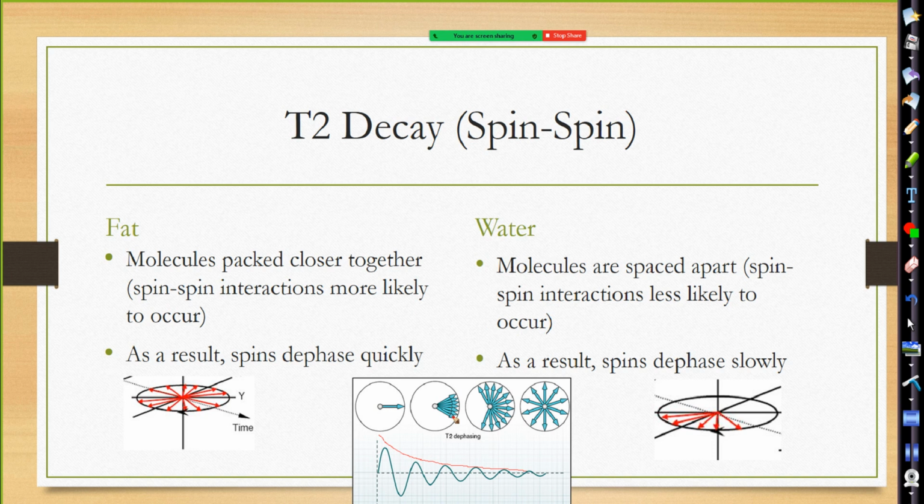If you think about this fan, it's not going to fan out as quickly. That's why here it's showing it fanned out completely versus here it's only fanned out a little bit. When it fans out more, the signal drops quicker. Okay?